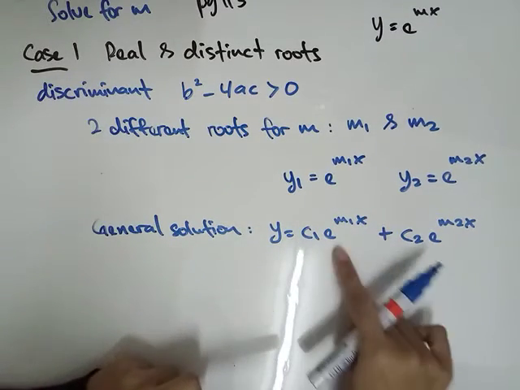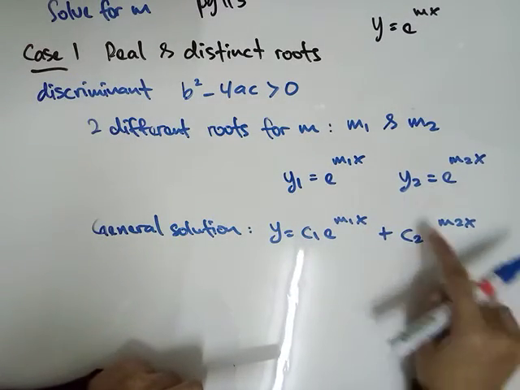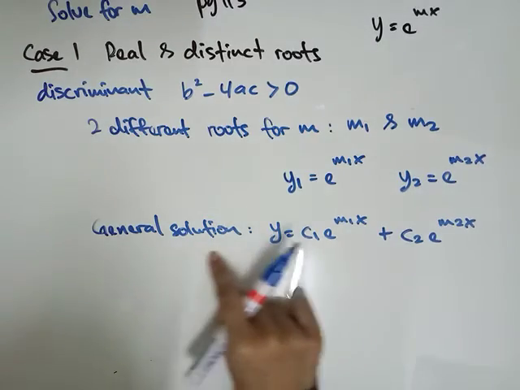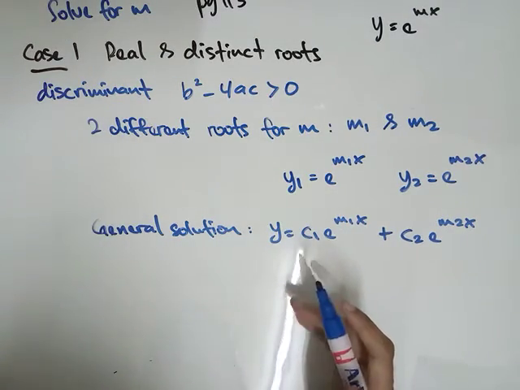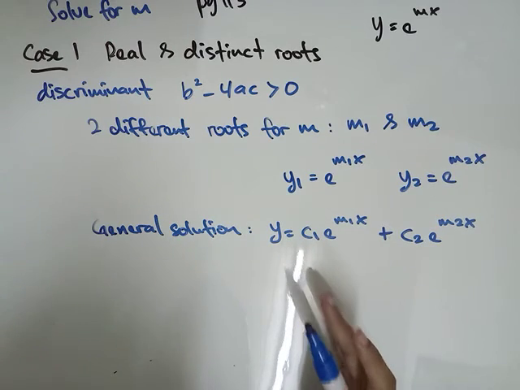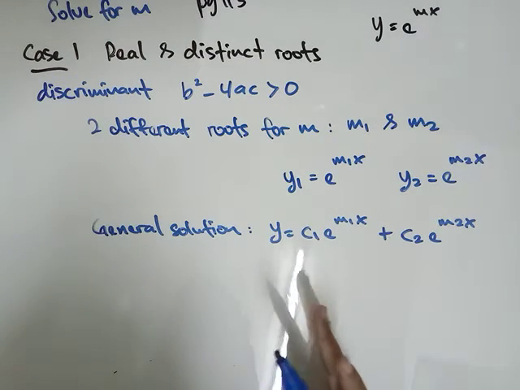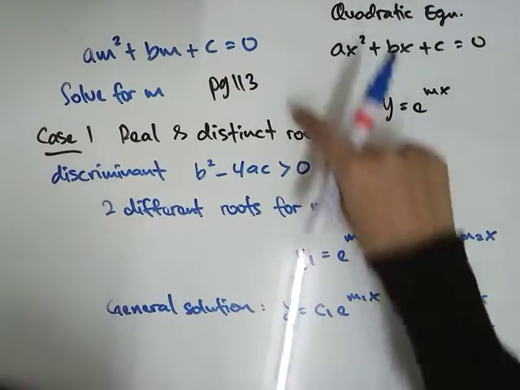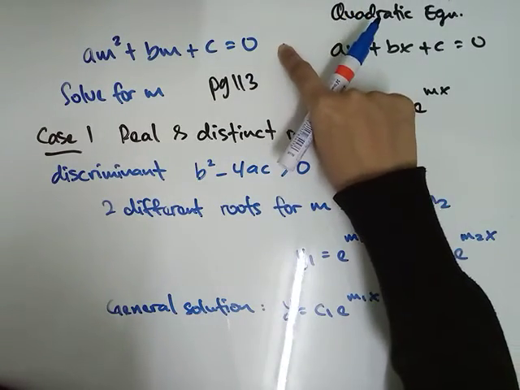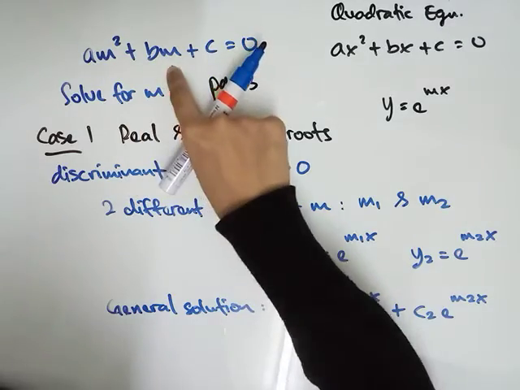This one is y1, this one is y2. Masukkan dia. So this is general solution to solve the homogeneous differential equations, second order homogeneous differential equations. We need to substitute into these auxiliary equations. Then we need to solve for m.